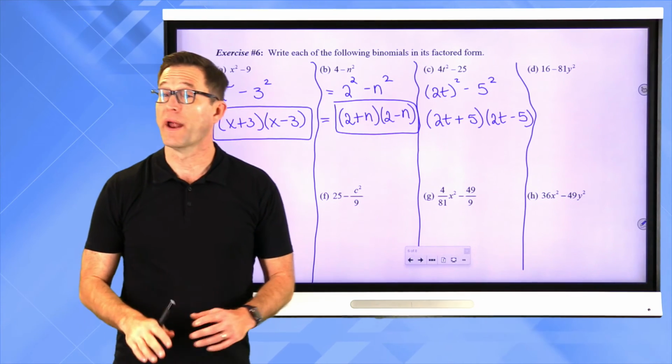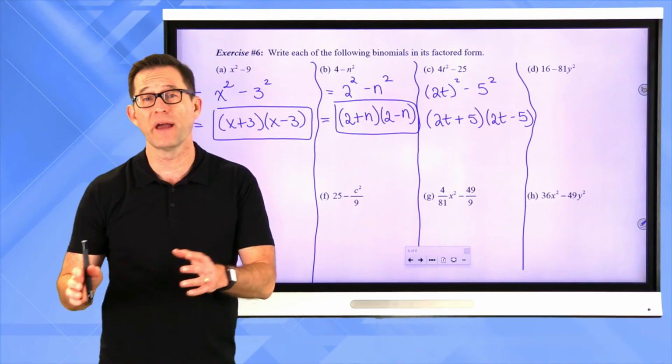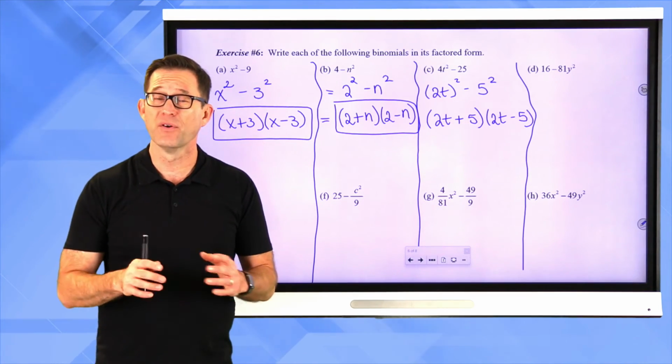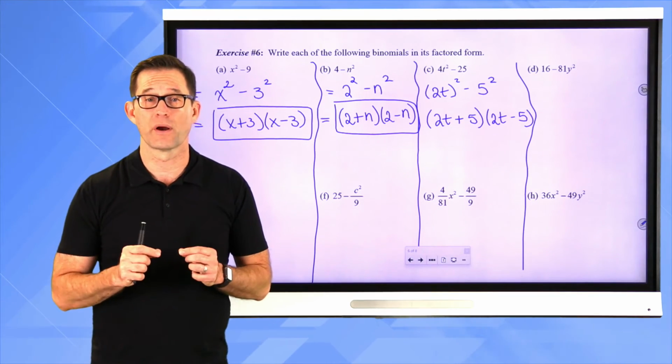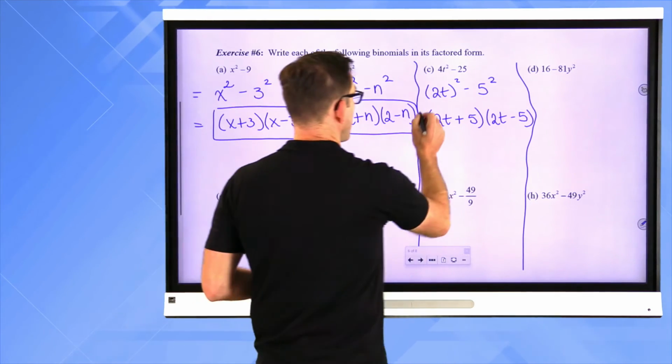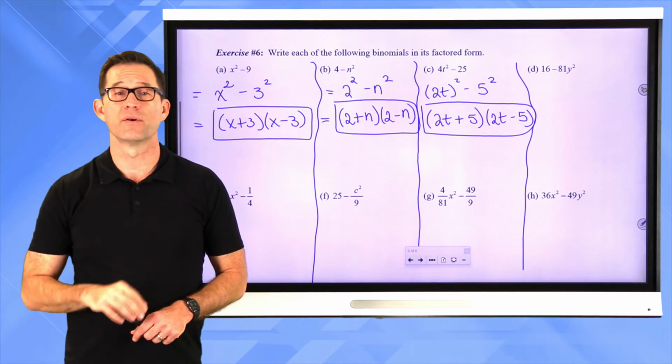All right, what I definitely don't want to write down is 4t plus 5 times 4t minus 5, because when I multiply those two out, I would get 16t squared and not 4t squared. I've got to really be careful about that. All right, why don't you try letter D on your own?